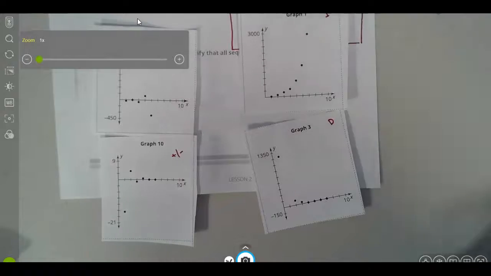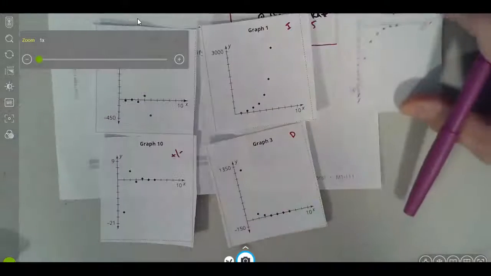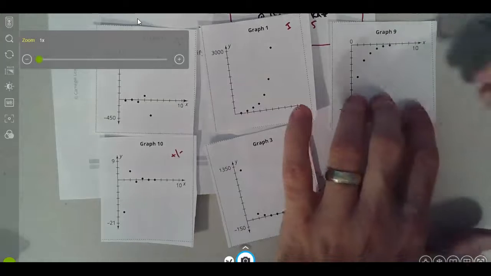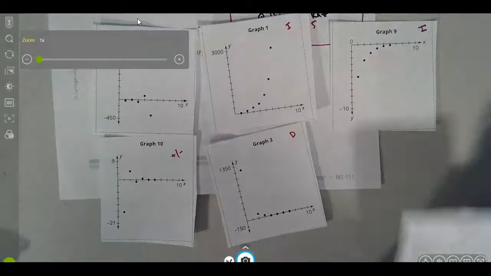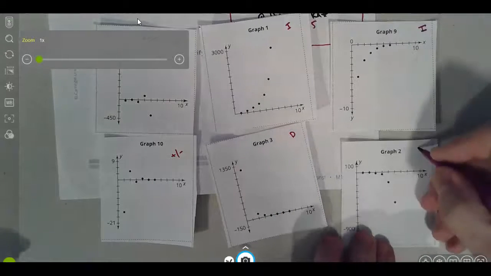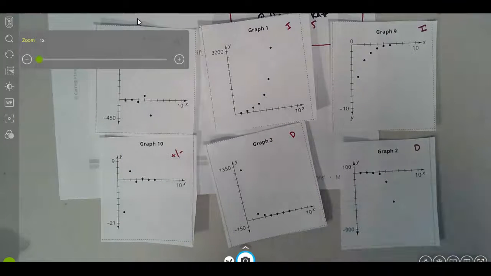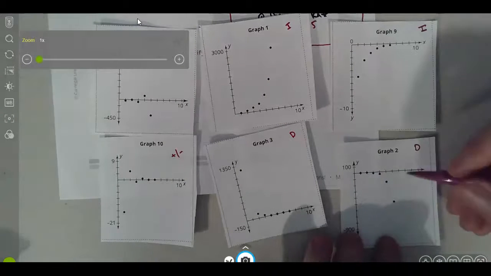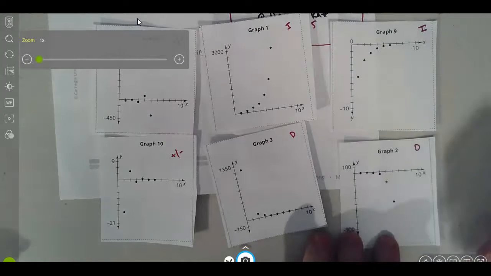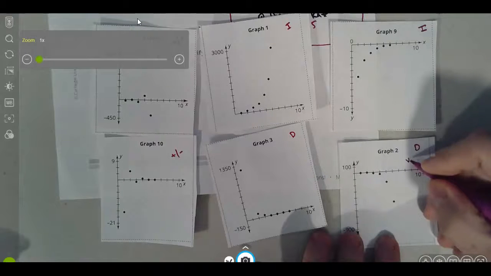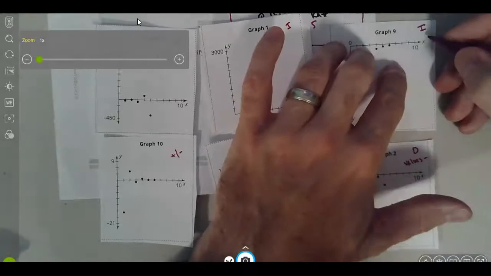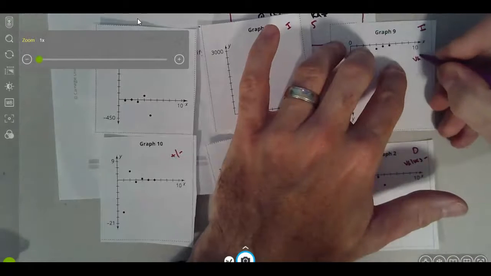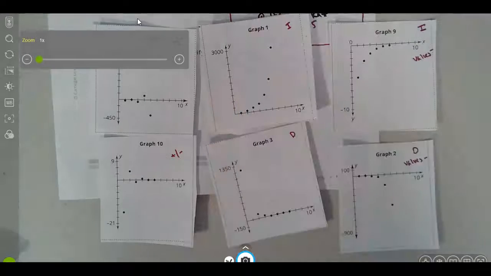When I look at graph 9, I could say that that's increasing too. And if I look at graph 2, this is decreasing. When I look at this graph, it looks like it's decreasing and my values are negative. This is increasing and I'm saying my values are negative.